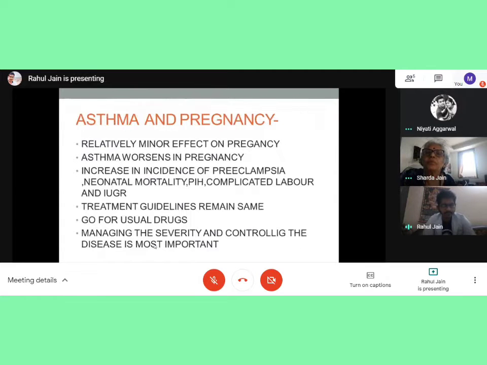Then going over to how asthma and pregnancy are related. Usually pregnancy has a relatively minor effect on asthma, and even asthma has a minor effect on pregnancy if the asthma is controlled. But patients who are already asthmatics, their asthma worsens in pregnancy. The main reason is that lung volumes get affected.